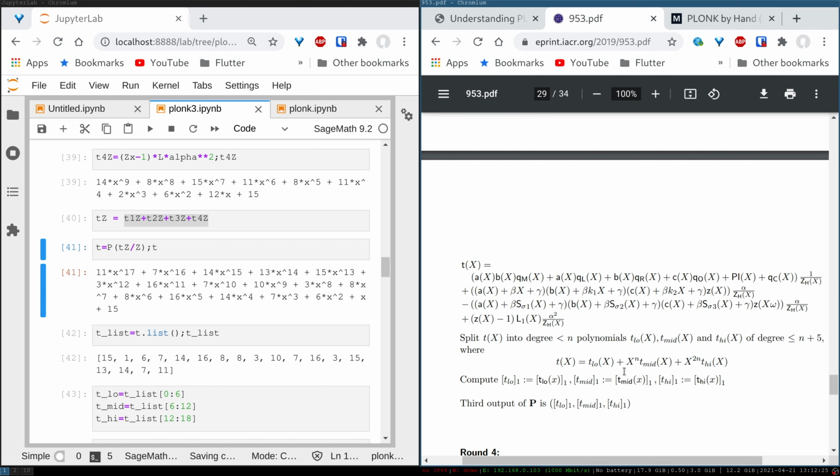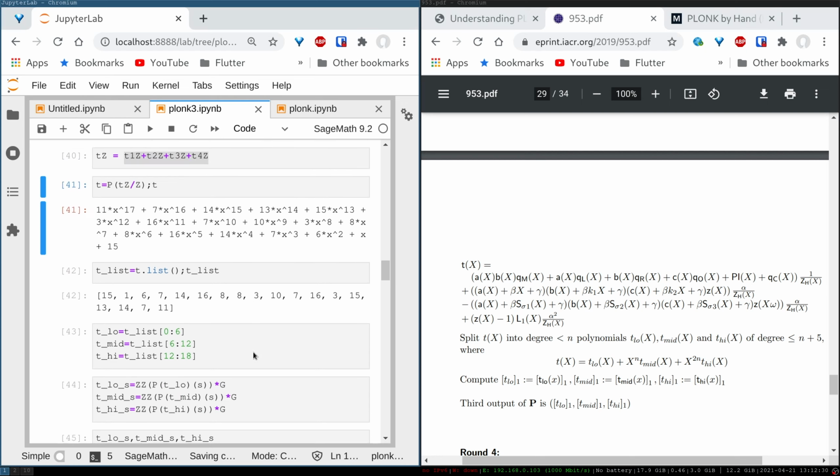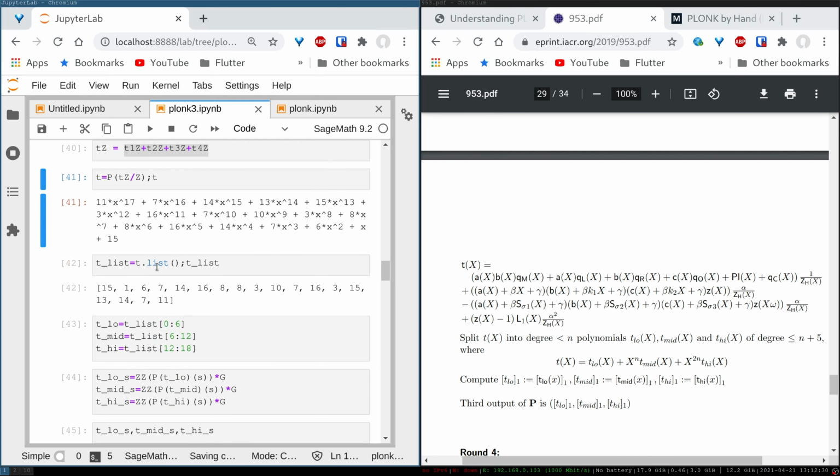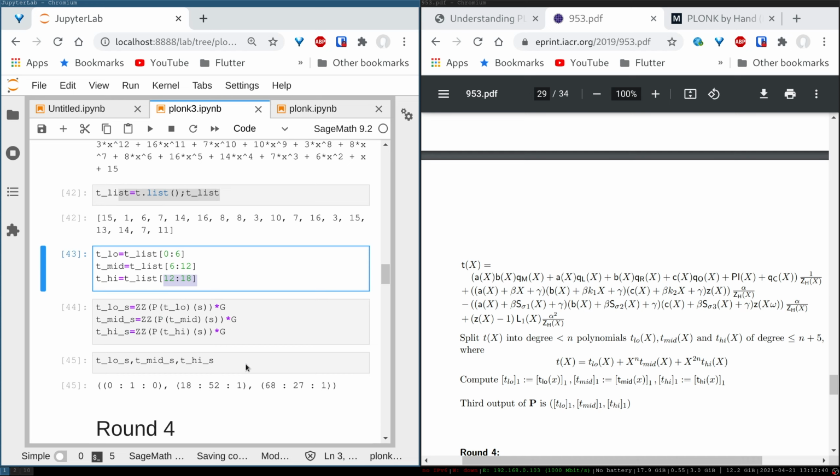So we split then T in 3 parts. Right? So the split is done here. We collect the coefficients, and we have 3 sets of coefficients, and then we recreate polynomials but of lower degrees out of this coefficient.